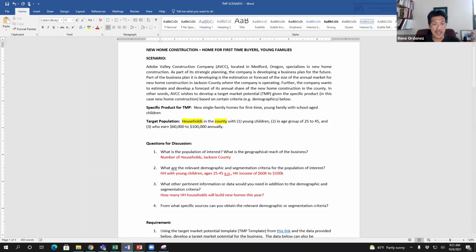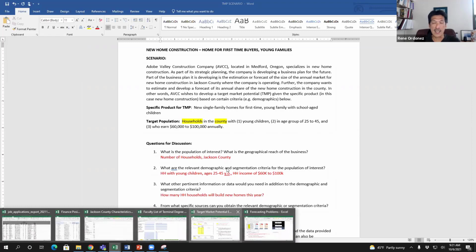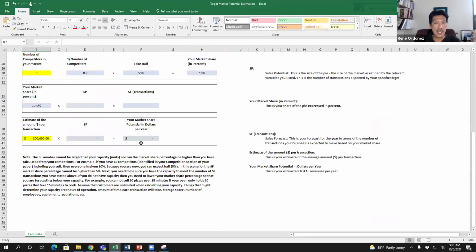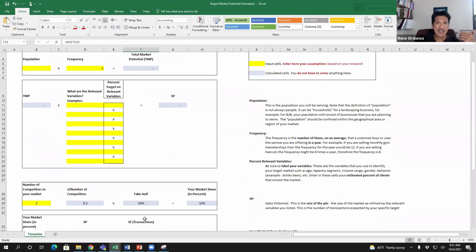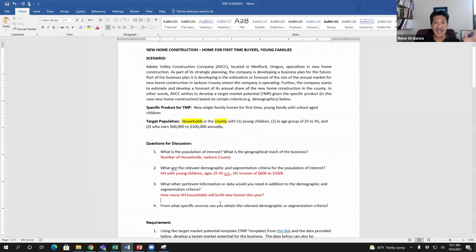And then what else? Ultimately, when you're looking at the TMP here, you will have your market share in dollars per year. So you will be able to estimate the number of households or new homes that you will construct, and then you will multiply that by some number so that you can come up with a projected revenue from that target market.